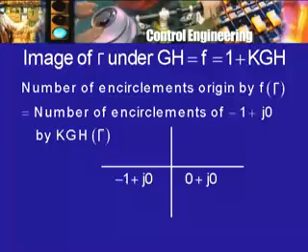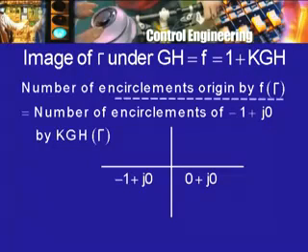And the reason for this is that f is obtained from gh by multiplying by k and adding 1. So encirclements of the origin by f will correspond to the encirclements of minus 1 plus j0 by gh, because minus 1 plus j0, if I add 1 to that, will become 0, which is the origin. So this is the reason for this change in our point of view. Instead of looking at the number of encirclements of the origin by f gamma, we will look at the number of encirclements of this point minus 1 plus j0 by gh gamma.